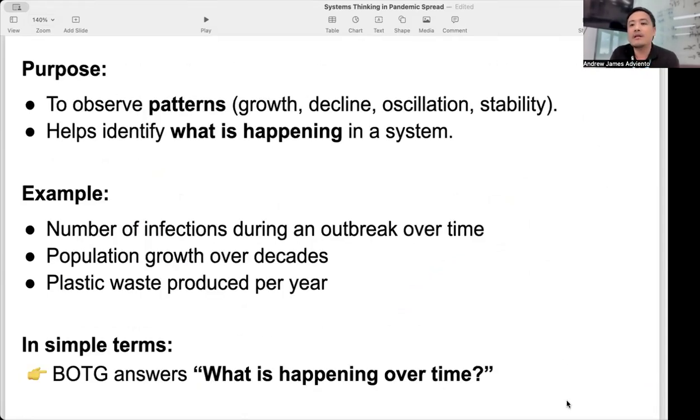Purpose: to observe patterns, growth, decline, oscillation, or stability. So it helps identify what is happening in a system. In simple terms, BOT answers what is happening over time.